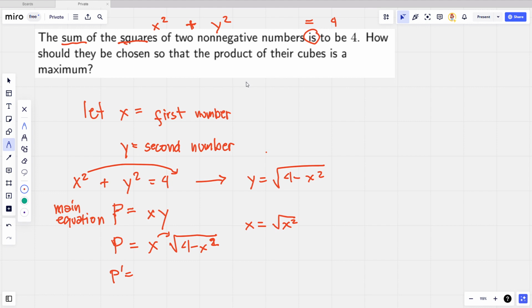The square root and the square just cancel out to get x. So we replace x with the square root of x squared so that we could put this inside the radical, and we won't be applying the product rule anymore.